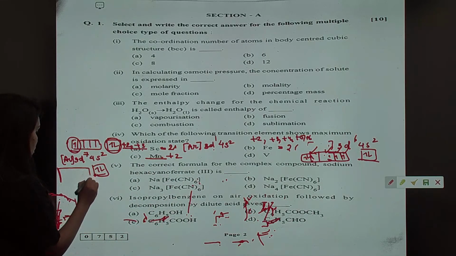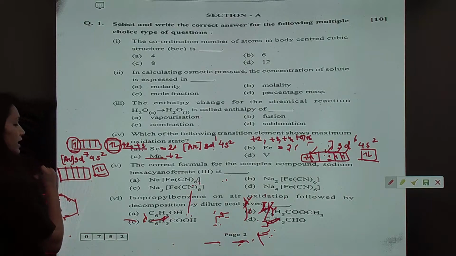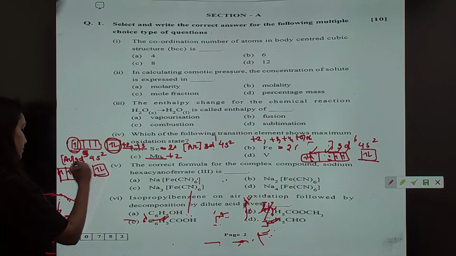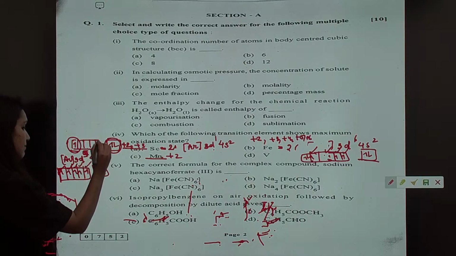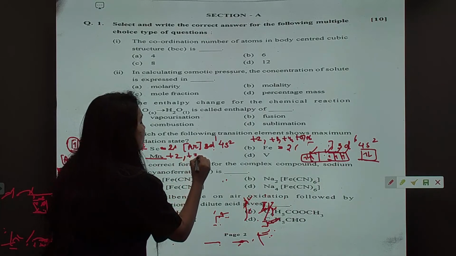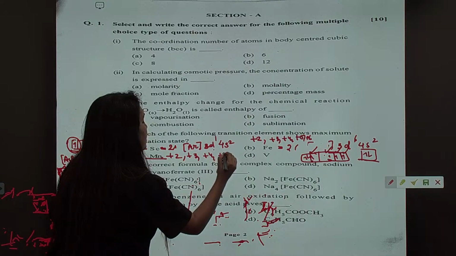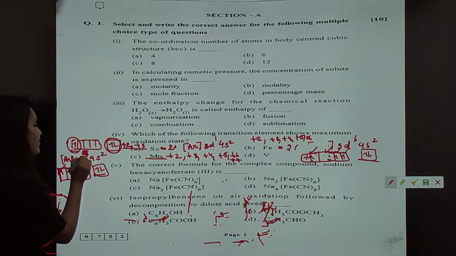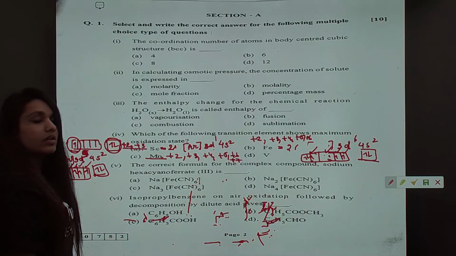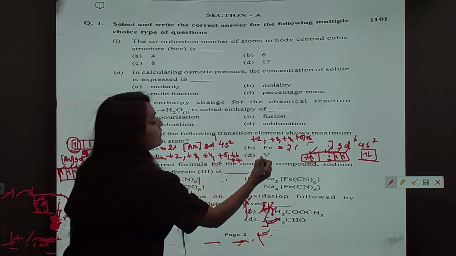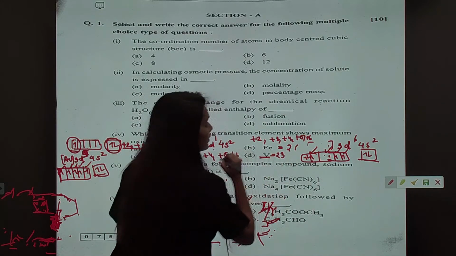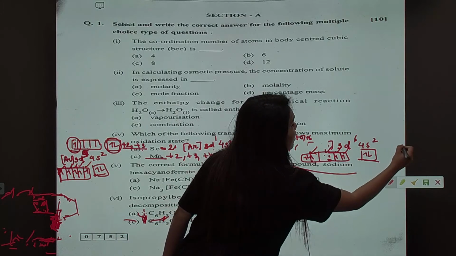And the unpaired electrons from Mn, which are 1, 2, 3, 4, 5, so it becomes +3, +4, +5, +6 and +7. That means in the case of Mn, the possible oxidation states go up to +7. It is actually 3d5, and +7 was the oxidation state.